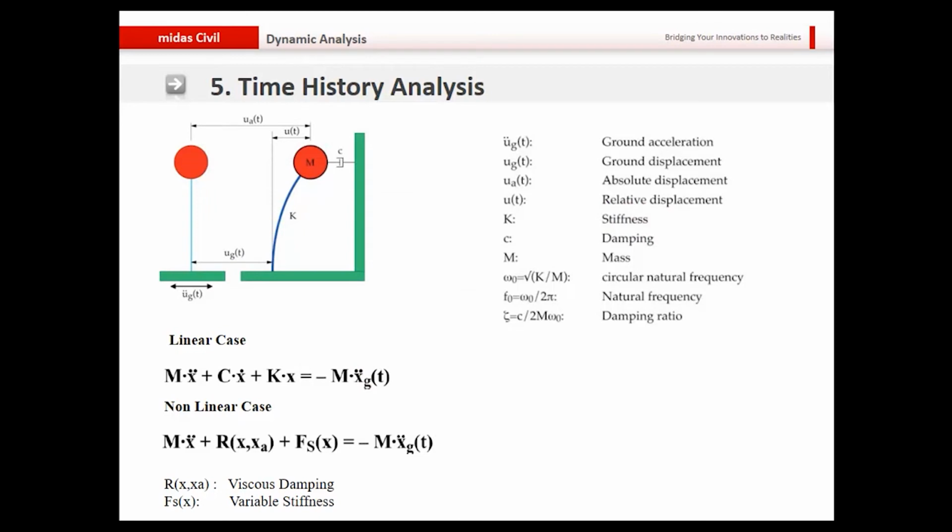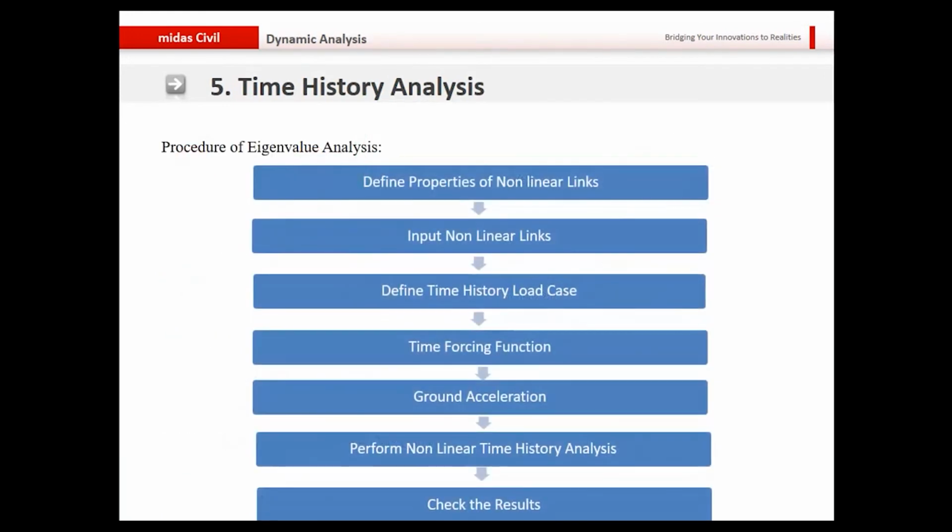For time history analysis, we have the linear case, and we also have a nonlinear case, which can be changing the stiffness of the section, and also if you have any systems, you can also obtain that nonlinearity in the structure.